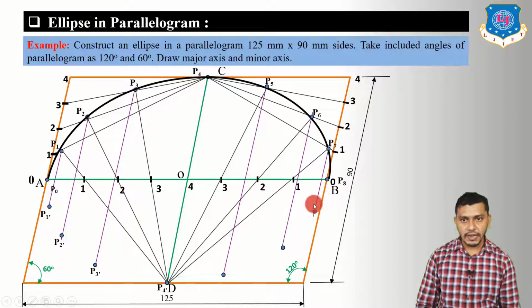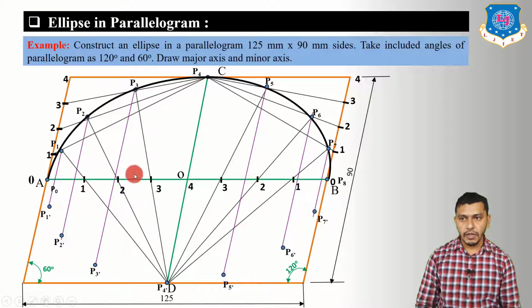This will be our P7 dash. Measure P6 from this intersection point, and mark the point at the same distance over here. This will be our P6 dash, and mark the P5 from this intersection point, and mark the P5 dash at the same distance over here. So here we will get P5 dash, P6 dash and P7 dash.